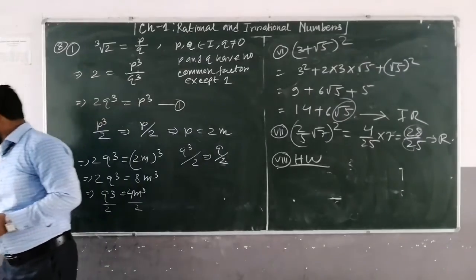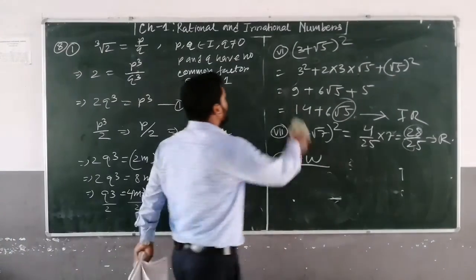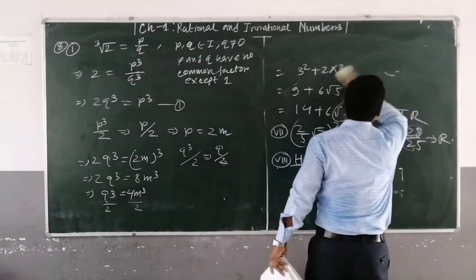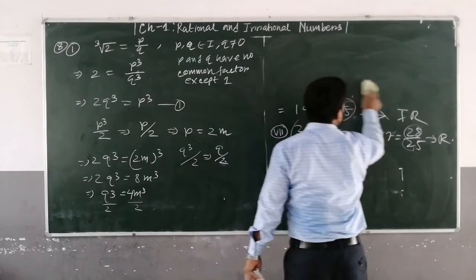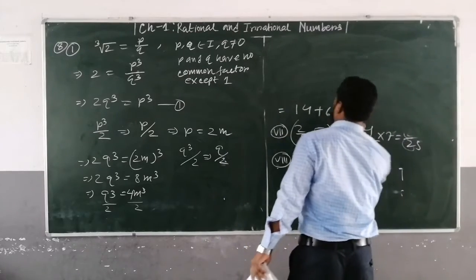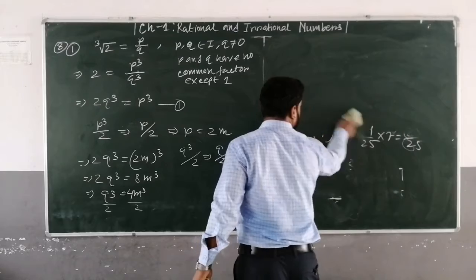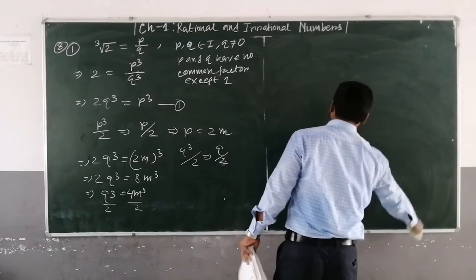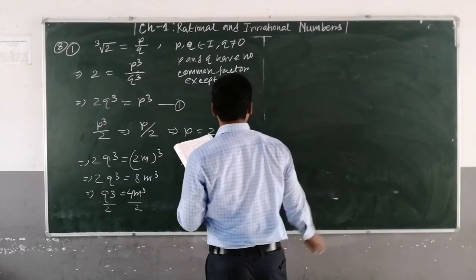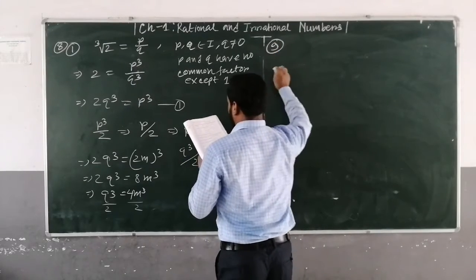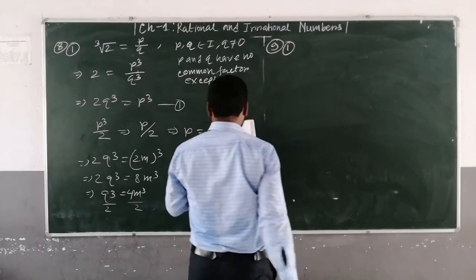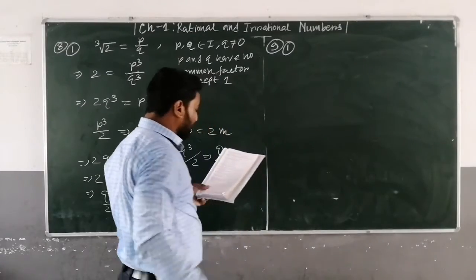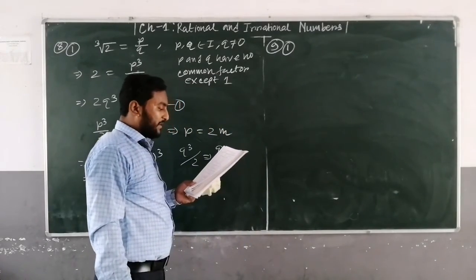Now come to question number 9. First part, what you have to do? Find the greatest and the smallest real number among the following numbers.